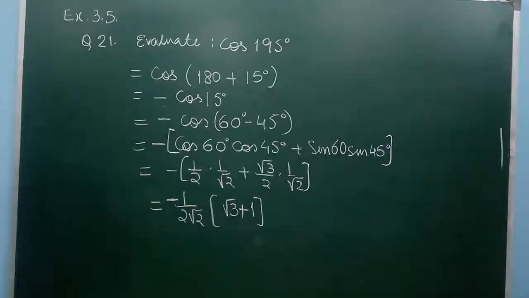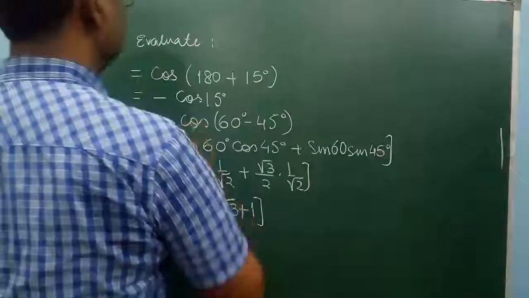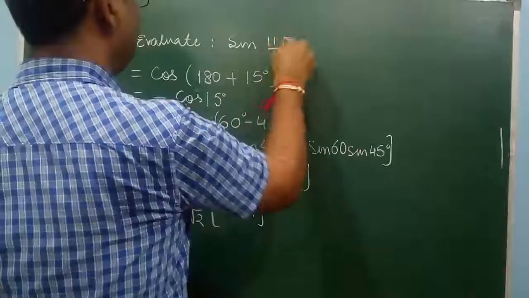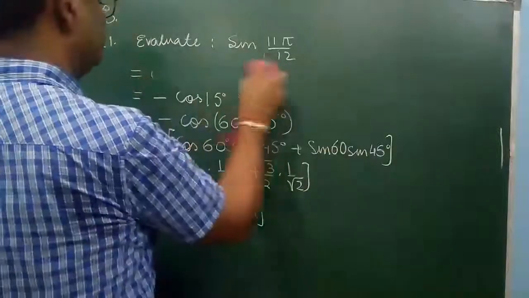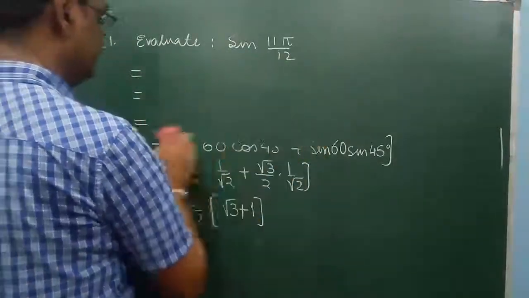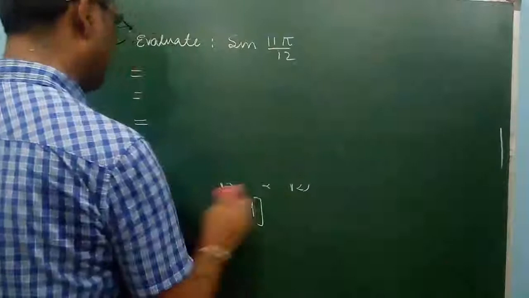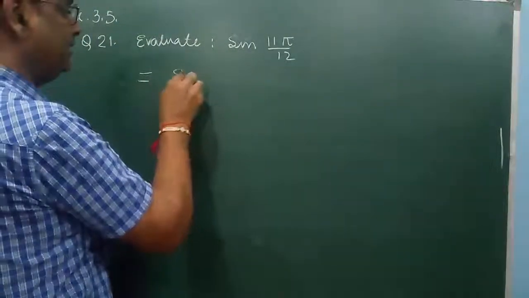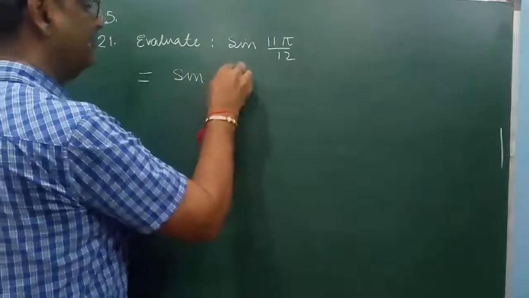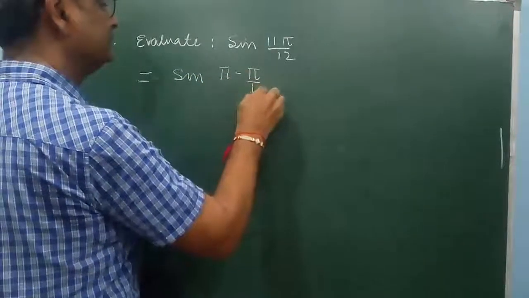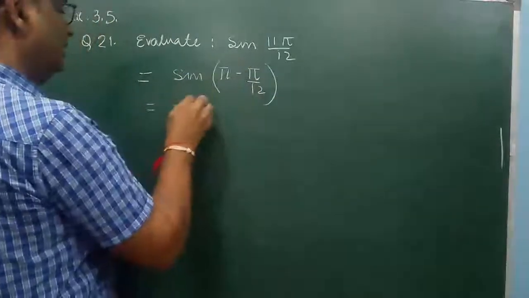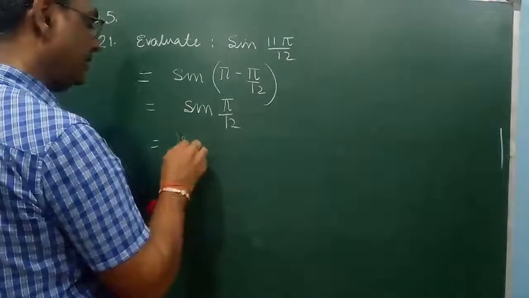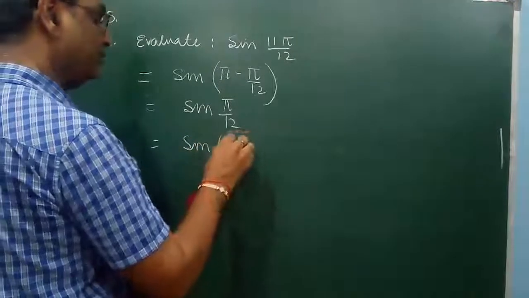Now the second part of this is sin 11 pi by 12. Here sin 11 pi by 12 we can write as sin of pi minus pi by 12, which means sin pi by 12. This sin pi by 12 we can break into two parts.